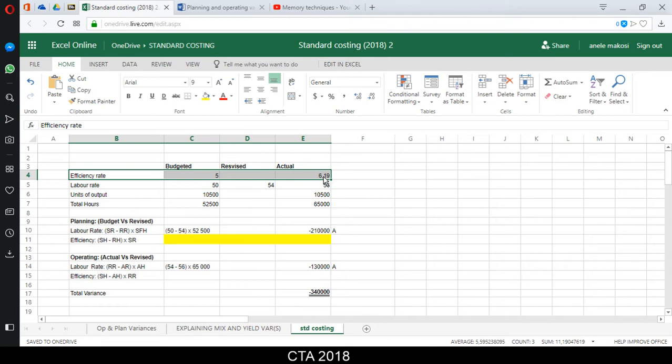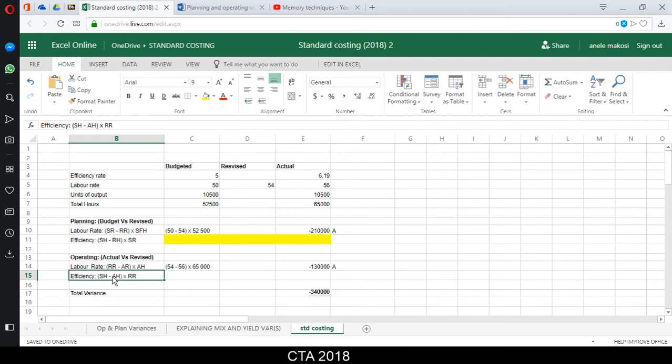So under operating, because they worked under these conditions, we will have an efficiency variance under operating. Now we're going to compare the standard hours, which is 52,500, with the actual hours, because since there was no revision here, everything is going to be operating, because they had to work under these conditions.